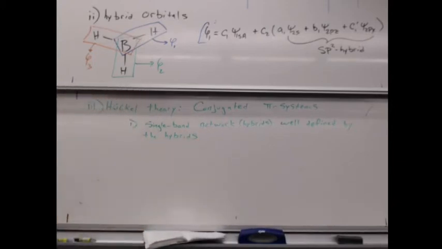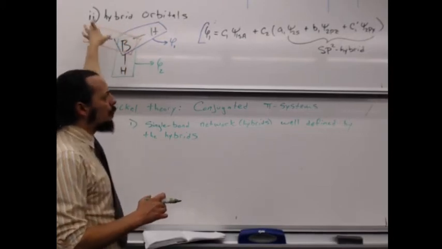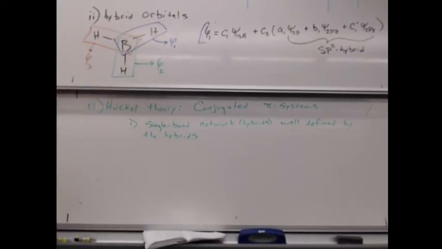So the first thing we have to assume is that hybrid theory gets us most of the way there, right? The hybrids, this is going to do a good job of describing the individual bonds, the single bond part.